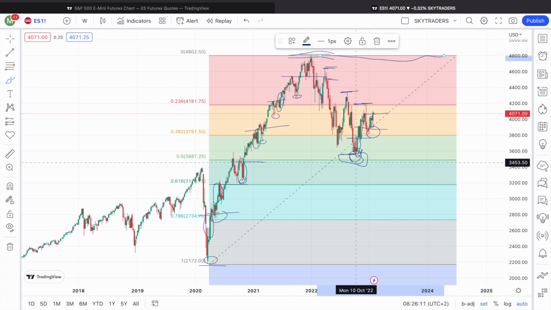And we can even expand more and more and reach new all-time highs.